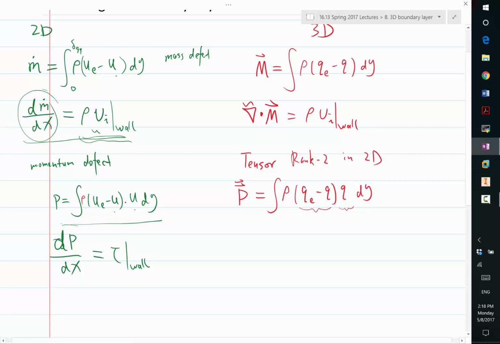I think tau on the wall, and we also have a term that comes from this v at the wall. We also have m dot times due dx, right?